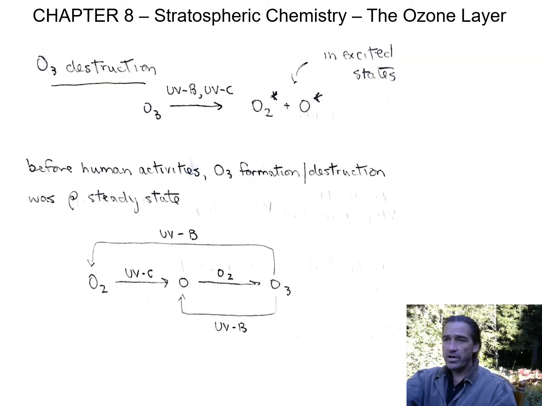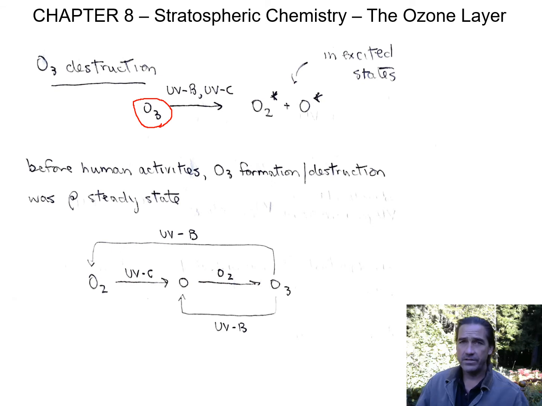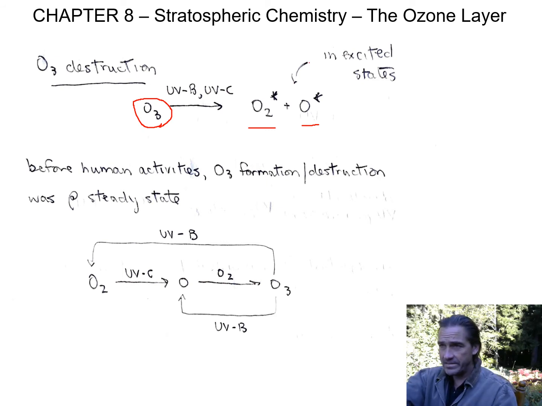Destruction occurs the same way, where again, we're in an environment where we still have a lot of UV. The ozone reacts with the UV light to form oxygen and an oxygen atom. These are in an excited state. This is how an excited state is noted, with a star.